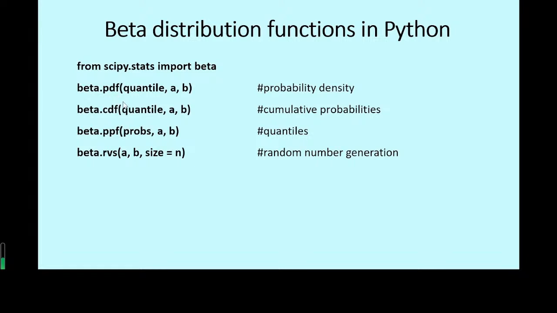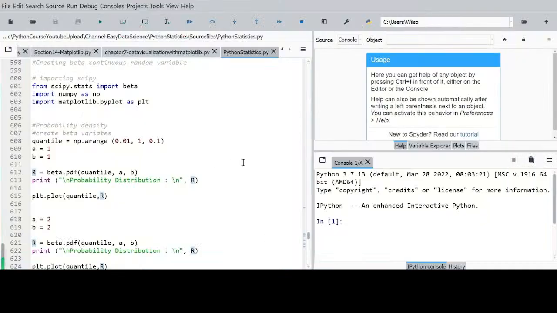PDF is for probability density, CDF is for cumulative probabilities, and PPF is for quantiles. PPF is the inverse operation of CDF. And RVS is for random number generation. Next we will show several examples using these functions in Python.